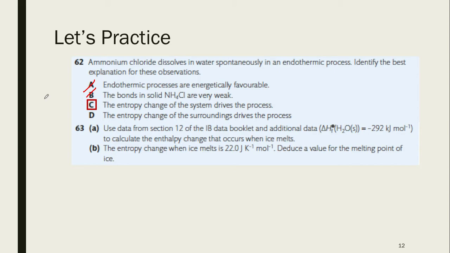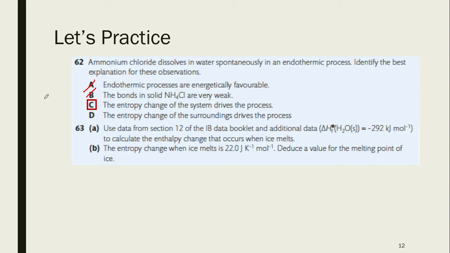In order for ice to melt, it has to go from a solid to a liquid, so we can write down that equation. They've given us the enthalpy of formation of the solid, so we can look in the IB data booklet for the enthalpy of formation of the liquid, which is negative 286 kilojoules per mole.